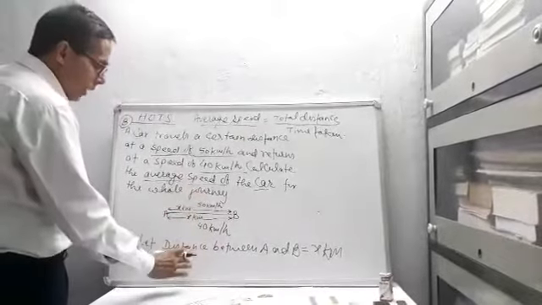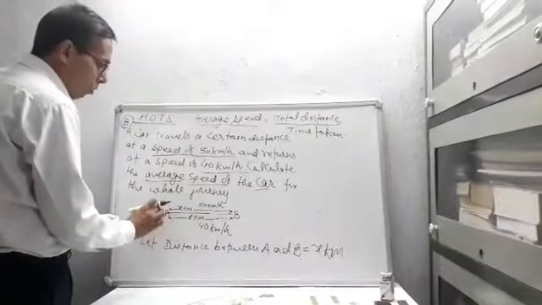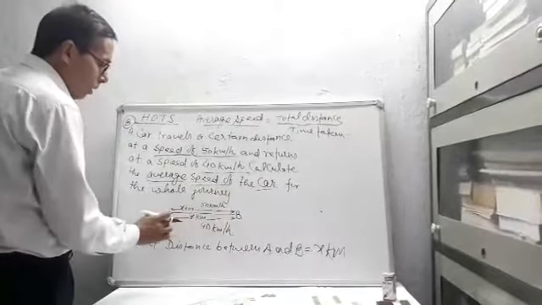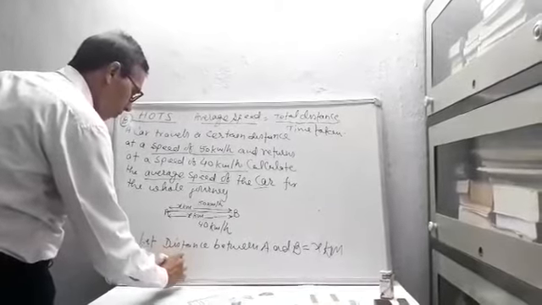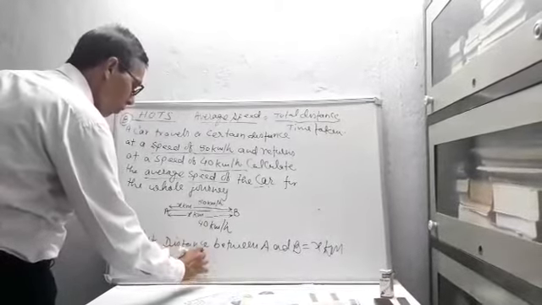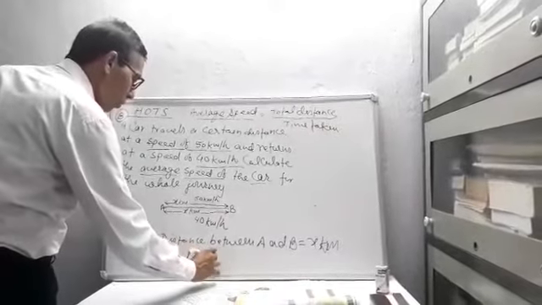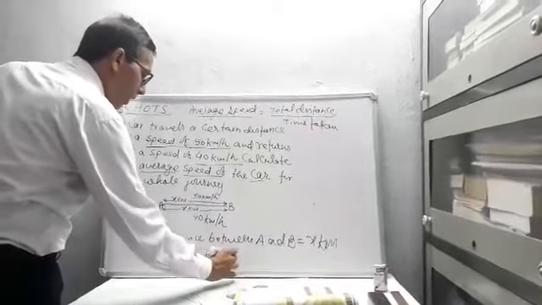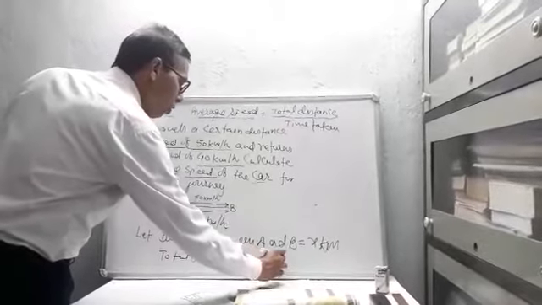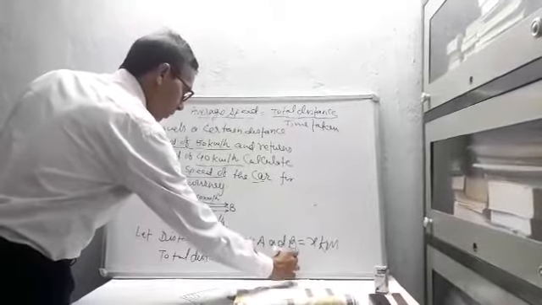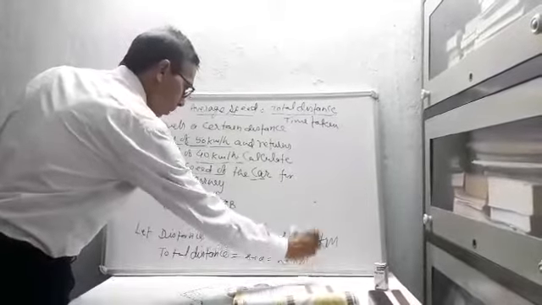So the total distance traveled by the car from A to B and B to A is x plus x, equal to 2x kilometer.